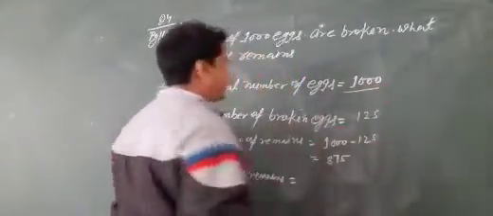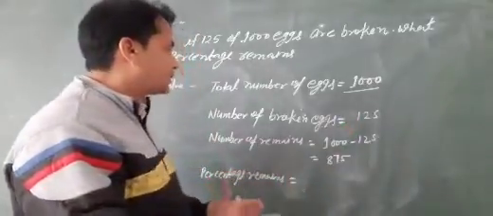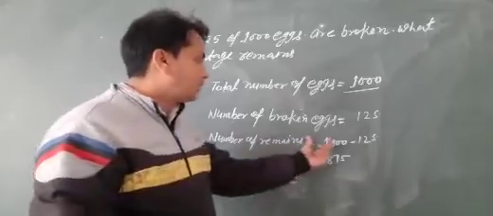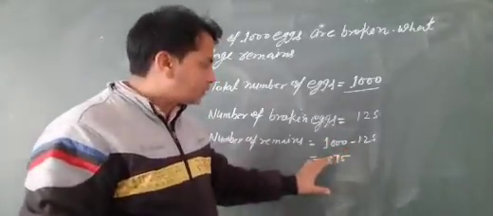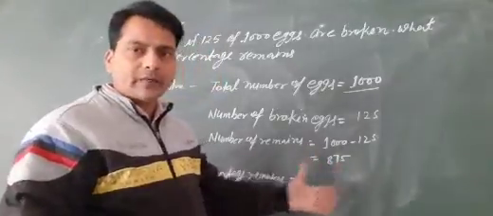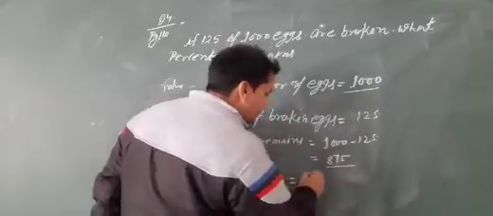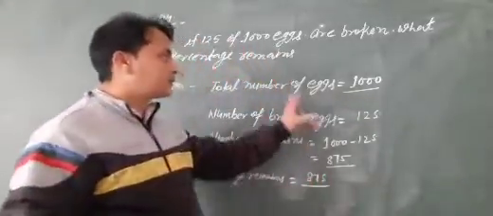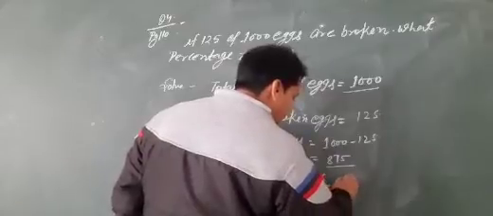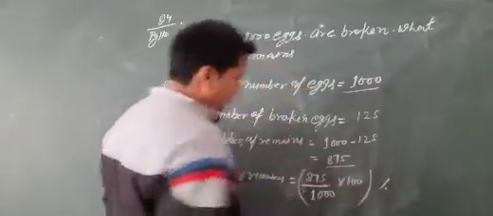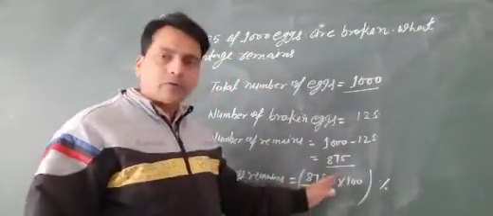The total number of eggs is 1000 and the number of broken eggs is 125, so the number of remaining eggs that are not broken is 1000 minus 125, the same as 875. Then the remaining percentage is 875 divided by the total number of eggs, 1000, into 100 with the percentage sign. So 875 by 1000 into 100.